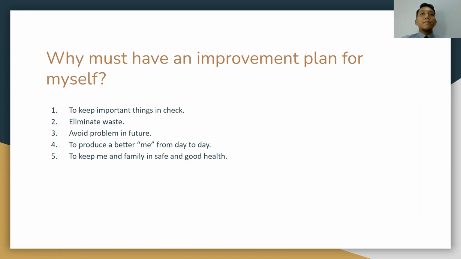Secondly, to eliminate waste. Third, to avoid problems in future. Fourth, to produce a better me or better we from day to day. And fifth, to keep me, myself, and my family in safe and good health, or in a working environment, to keep workers and employees in a safe environment.